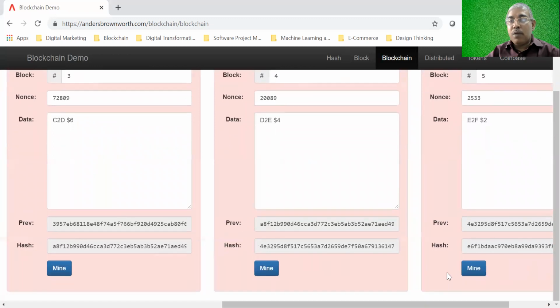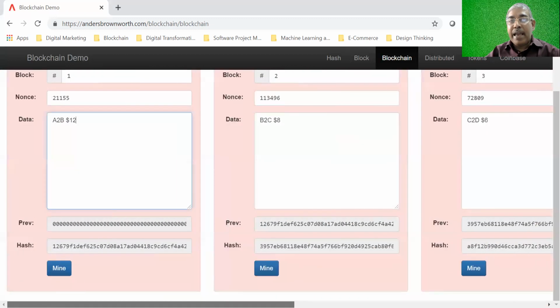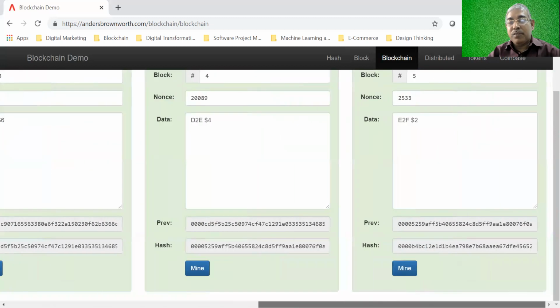Because whoever has made a change in block 1 has to mine all the 5 blocks to make it consistent. So the deeper a block becomes, the older a block becomes, the more immutable it becomes. This immutability, as you know, is also one of the important characteristics to build trust. So we'll go back to 10 over here, and everything becomes consistent as of now.